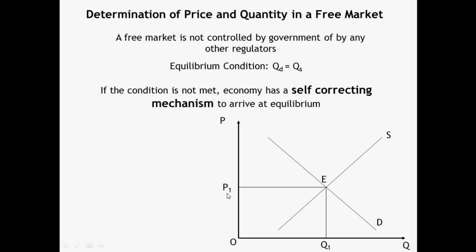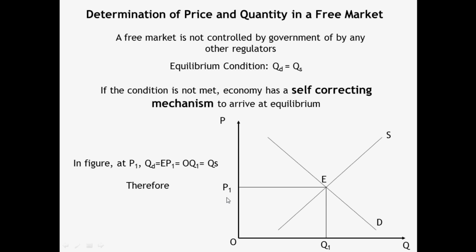Clearly, at price P1, quantity demanded is EP1, which is equivalent to OQ1. Similarly, at price P1, quantity supplied is also EP1 or OQ1. Since quantity demanded and quantity supplied are equal at price P1, it satisfies the market clearing condition.